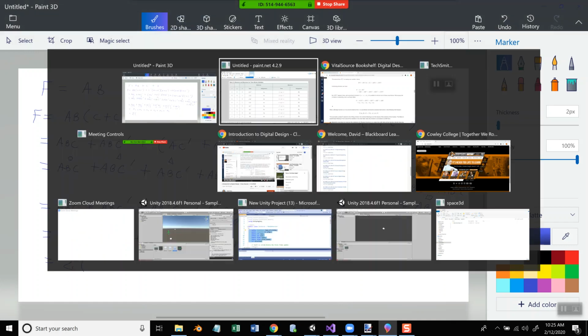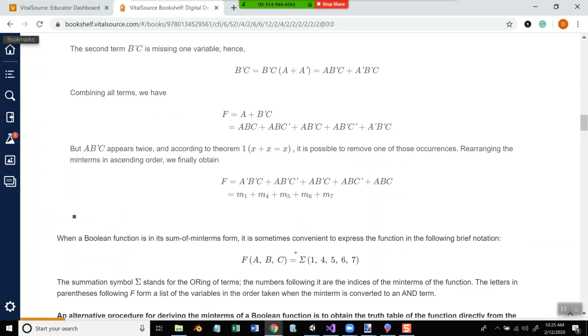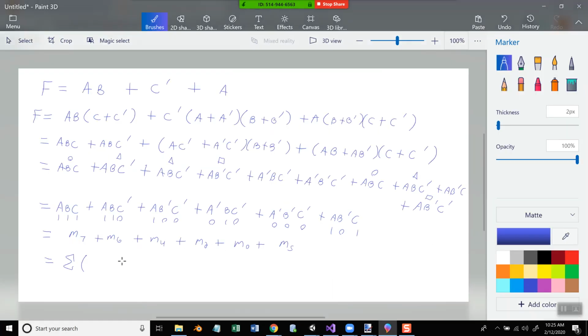Now, their brief notation they have here, you put your sum, and then with parentheses around it, you put your subscripts. So smallest one is 0, 2, 4, 5, 6, and 7.